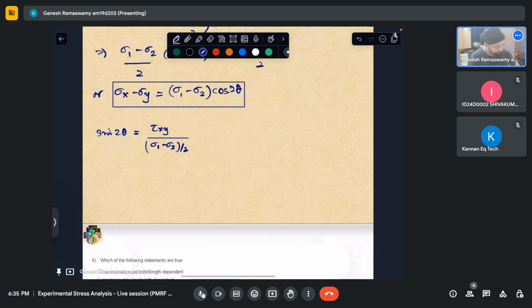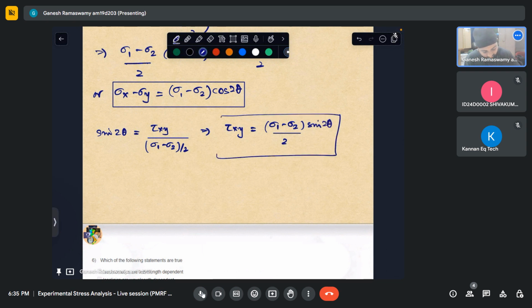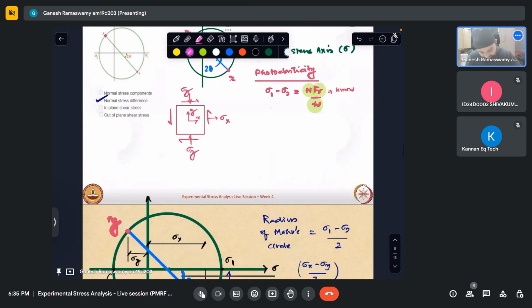So this comes out to be tau xy equal to sigma 1 minus sigma 2 by 2 sin 2 theta. So from photoelasticity directly, we can get the in-plane shear stress.